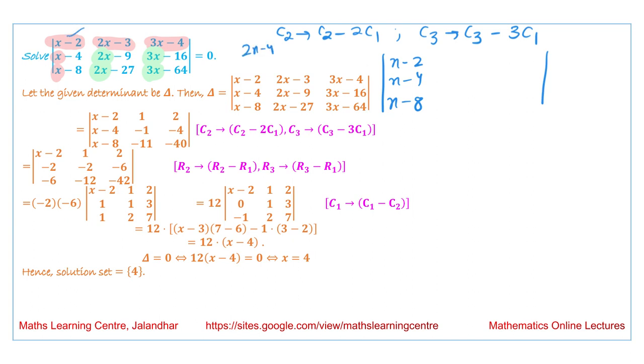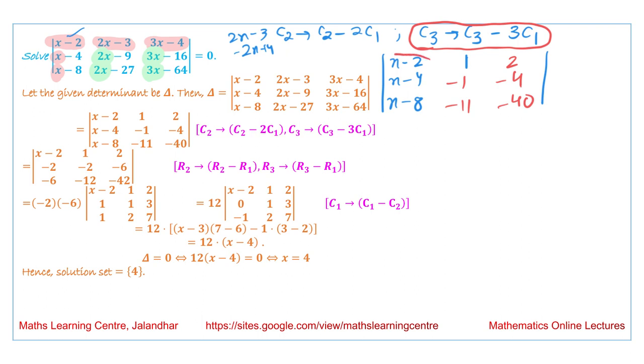When we subtract it from 2x minus 3, the answer we are left with is 1. Similarly, the next element we will have is minus 1, and next it is minus 11. Next we are going to perform column 3 approaches column 3 minus 3 times column 1. So the answer we will obtain is 2, minus 4 and minus 40.